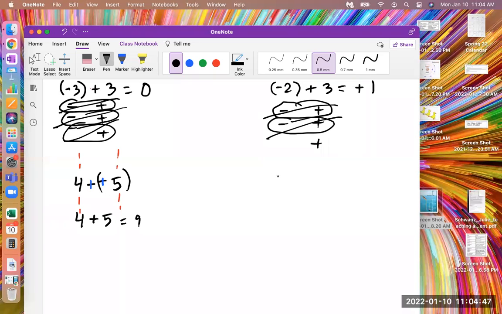Here's the other situation where you might have 4 minus a +5. So we had 4 minus a -5. You could have 4 minus a +5. And in this situation, what you could also think of is that subtracting is really just adding the opposite.